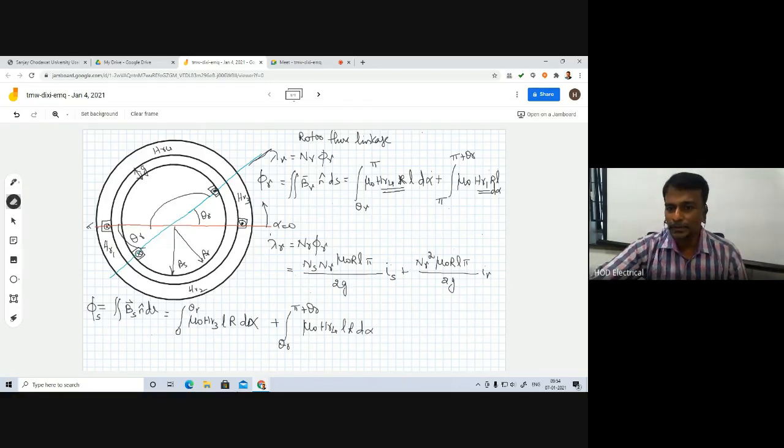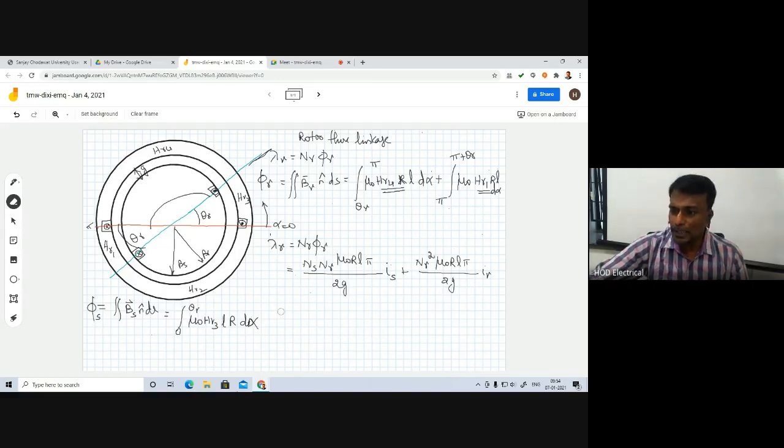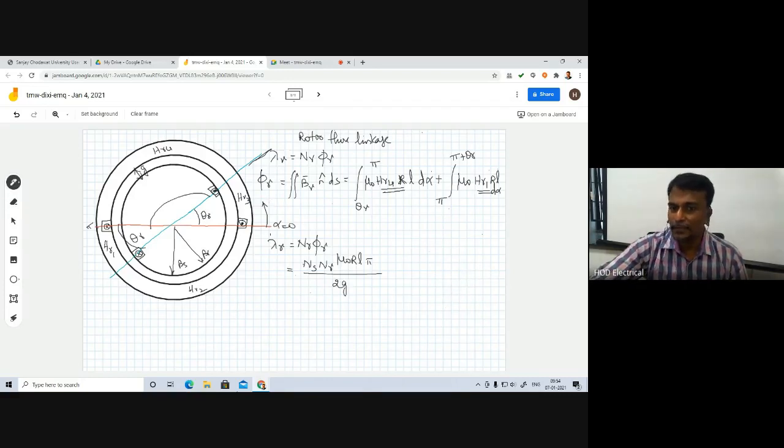Sorry, one minute. I am just writing this final value directly, so you can try with this. Already in the last class I have derived how we can derive HR1 and HR2. So here mu naught and IN, so the same magnitude of stator will come here. Only that mutual inductance will be the same.